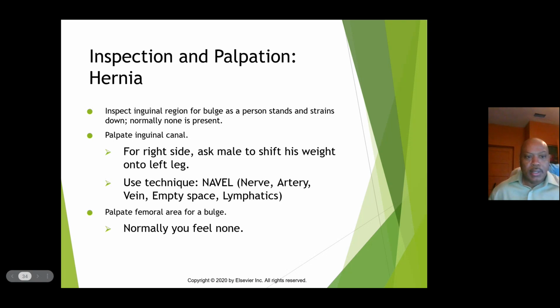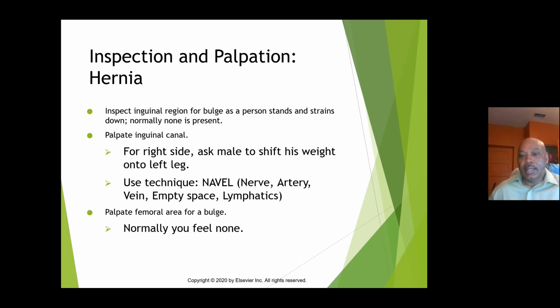Right. And here we just talk about inspecting and palpating a patient for a possible hernia. We inspect the inguinal region for bulges as the person stands and strains down, and normally, of course, obviously none is present. Now, there's a technique to use when performing this assessment.